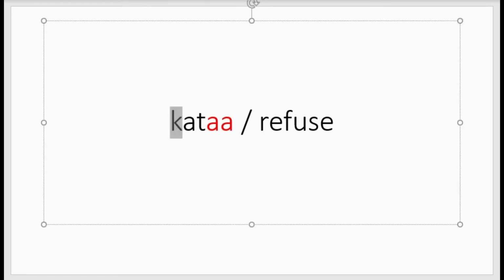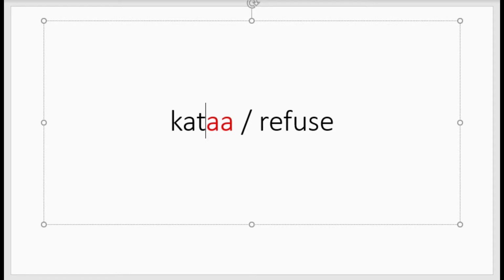Kataa, which means refuse. Now, can you see we have two vowels this time? The verb kataa has two vowels.